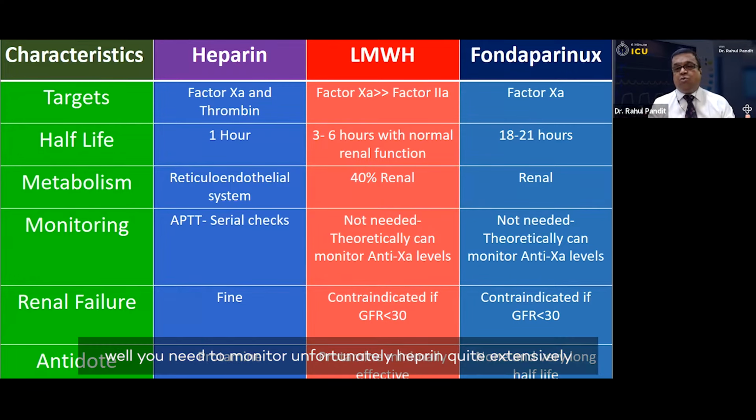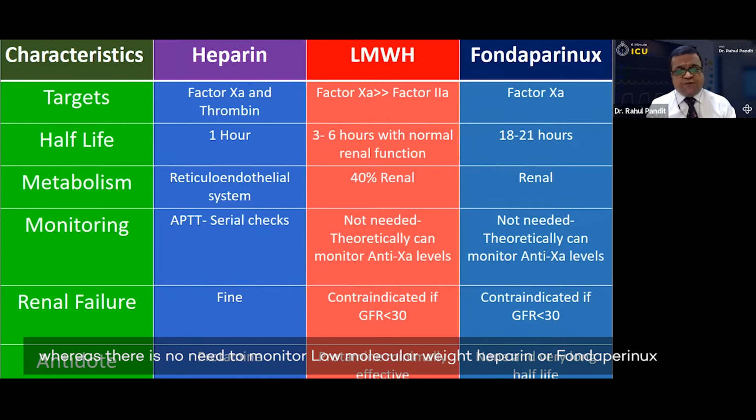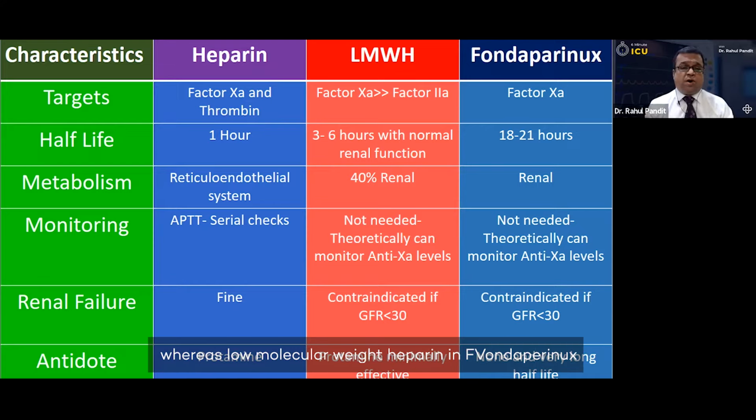And again, there is a significant renal clearance for fondaparinux as well. When you monitor, well, you need to monitor heparin quite extensively. You need to do serial checks with APTT, whereas there is no need to monitor low molecular weight heparin or fondaparinux. Renal failure: you are safe to use unfractionated heparin, whereas low molecular weight heparin and fondaparinux are contraindicated if your GFR is less than 30.